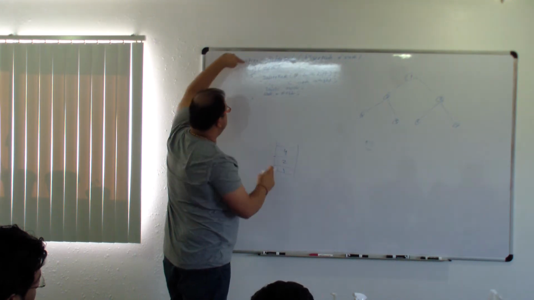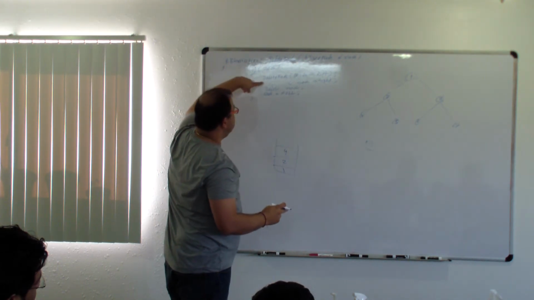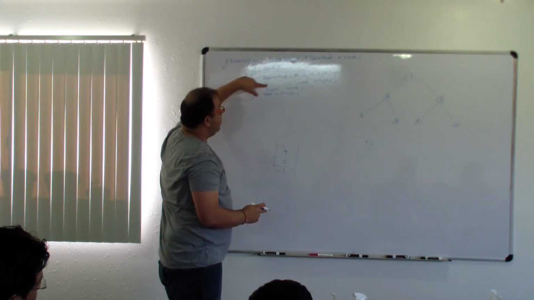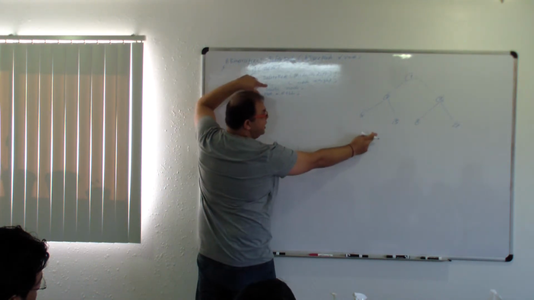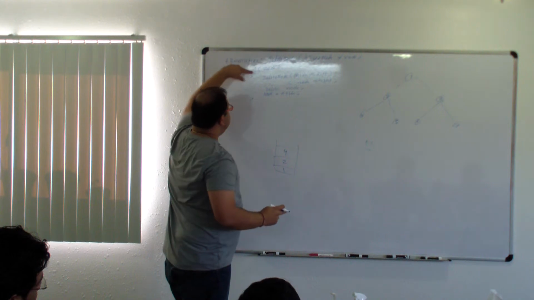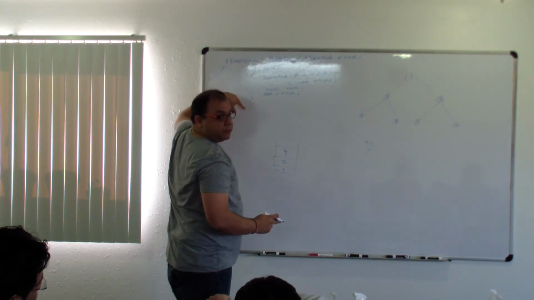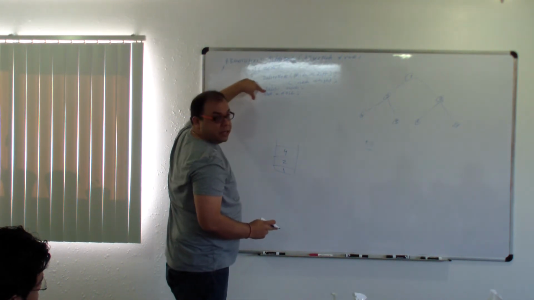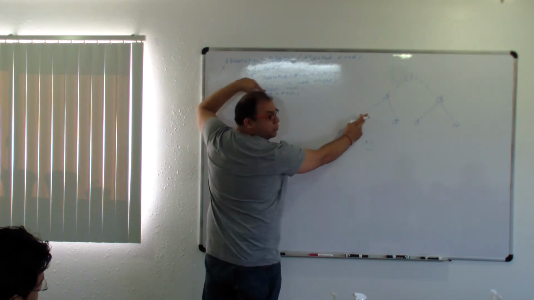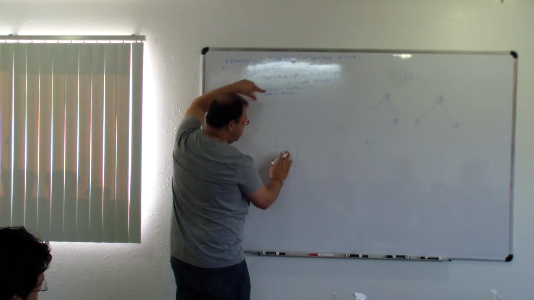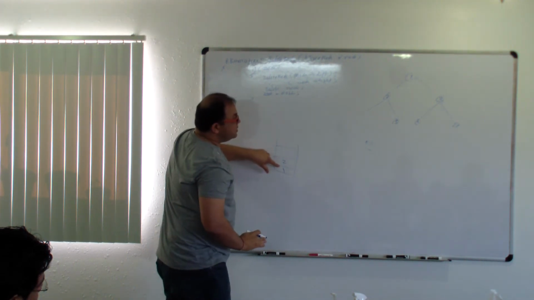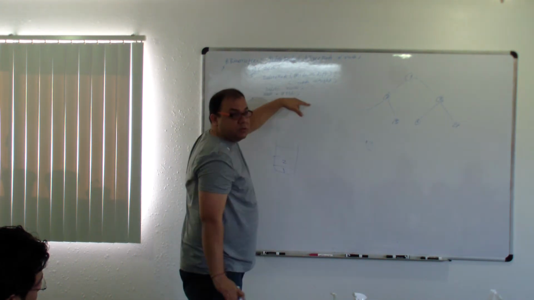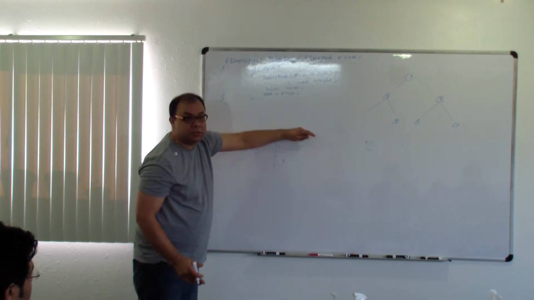So 4's left is nothing, it will go away. Then it will come to this one. It will say delete node, 4's right. 4's right is nothing, it will go away. Then it will come to this line. So it will say delete 4. So now 4 gets deleted and then 2 is left. I get the point. So yeah, that is how it works.